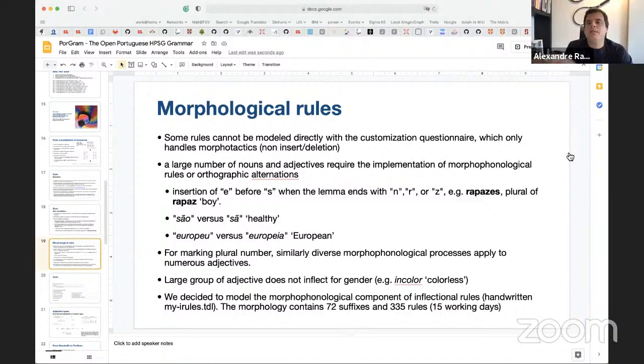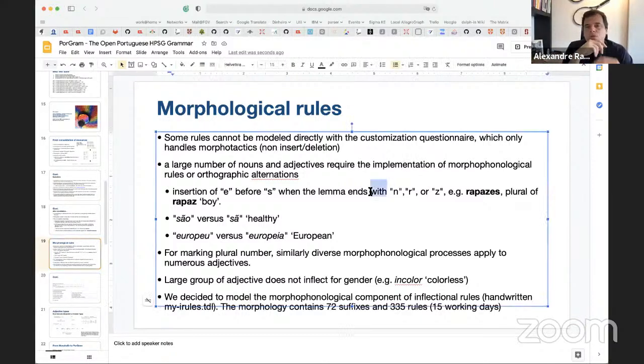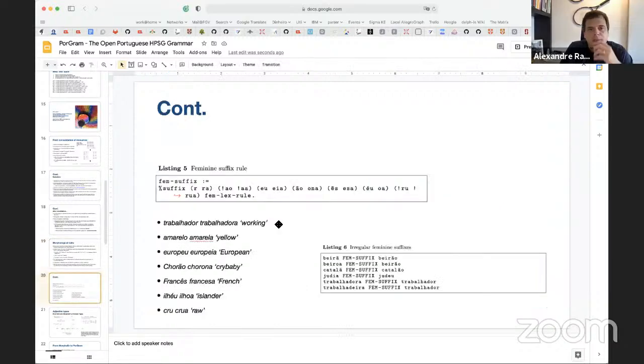In the formalism itself, Leonel was able to write more rules for morphological alternations, so in a situation where we want to change one suffix for another suffix. But we still don't have the full power of a finite-state morphology with transducers, right? I have to skip a deeper discussion on that because of the time.